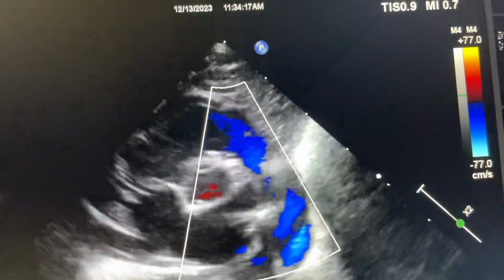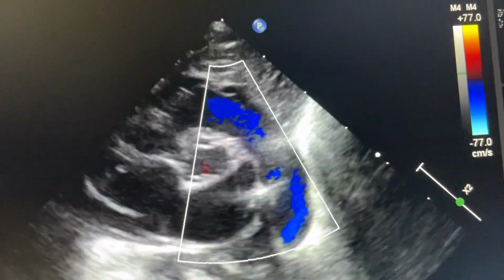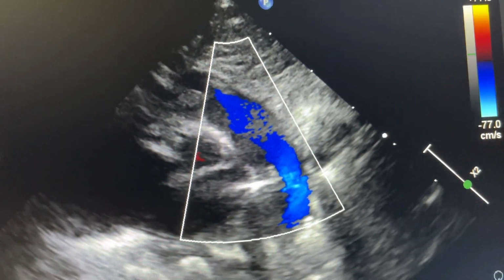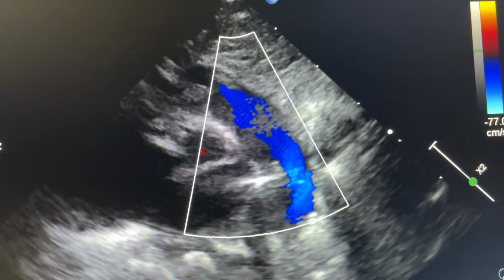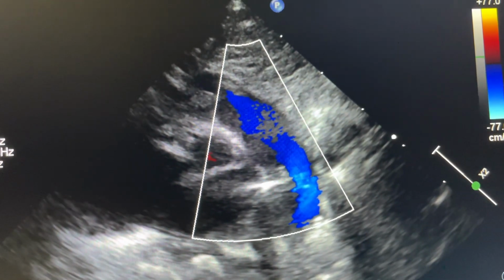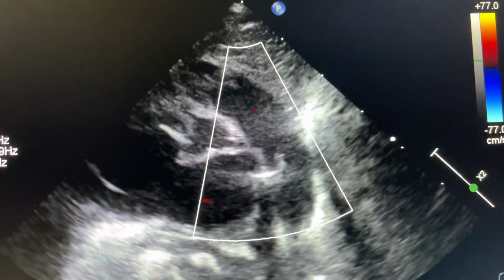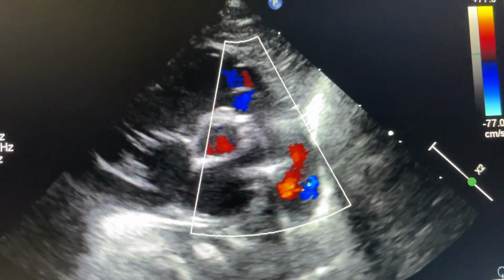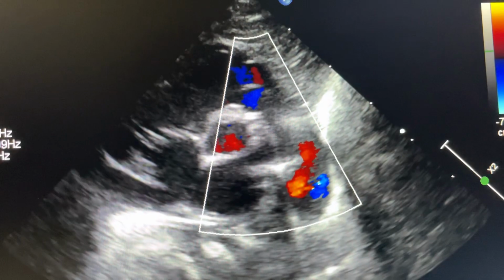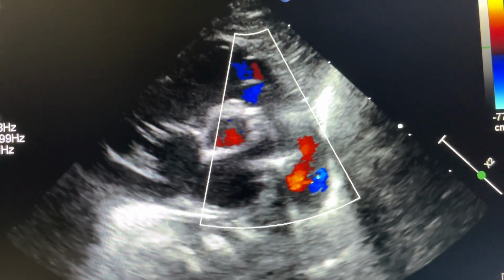Now see, the flow is bidirectional. This flow, blue in color, is flow from the pulmonary artery to the aorta, that is responsible for cyanosis. Then this is red flow. Here it flows from the aorta to the pulmonary artery, red normal flow.